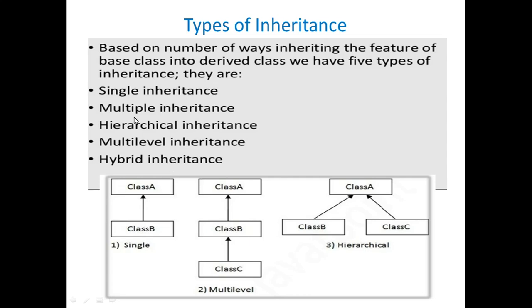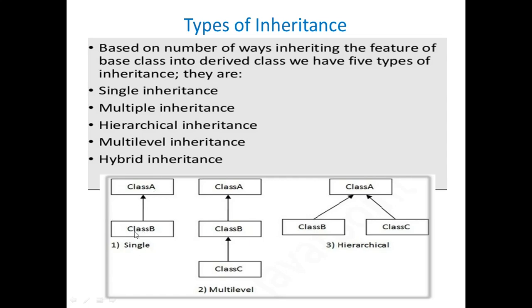In Java, single, multi-level, and hierarchical inheritance we can achieve, but multiple and hybrid inheritance we can't. Java does not allow multiple and hybrid inheritance. Why? We will see it afterwards.